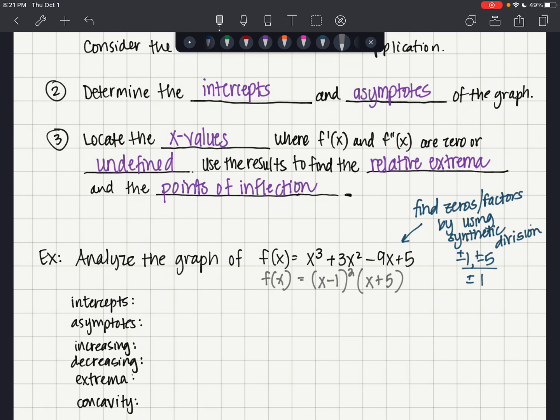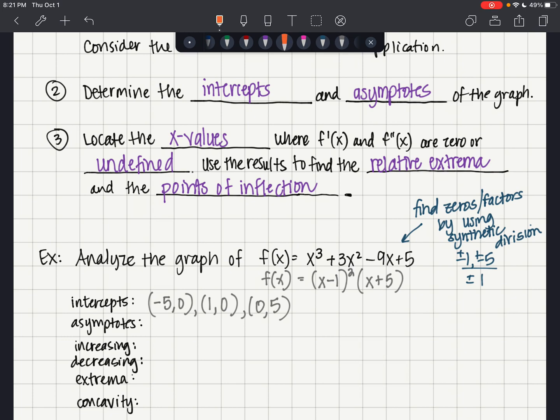When we put a 0 in for y, we're going to get an intercept of negative 5, 0. We'll get an intercept of 1, 0. And when we put a 0 in for x, we get an intercept of 0, 5. So our y-intercept is 5, and 2 x-intercepts, 1 at negative 5, 0 and 1 at 1, 0.